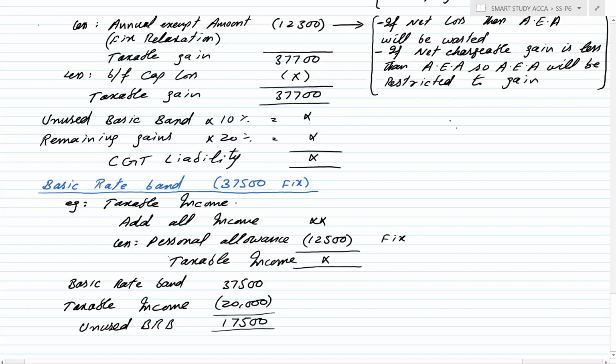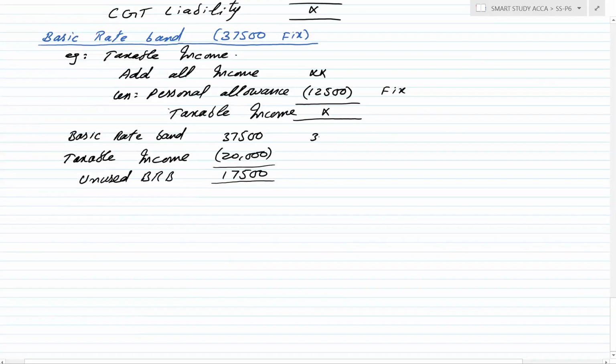For example, our basic rate band will remain fixed at 37,500 and taxable income is 0. In that case, 37,500 is the amount of unused basic rate band, and we will use this unused basic rate band in the capital gains tax.